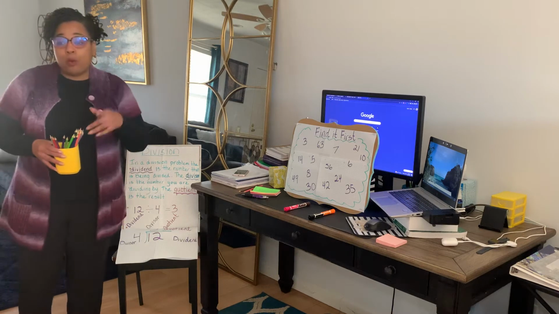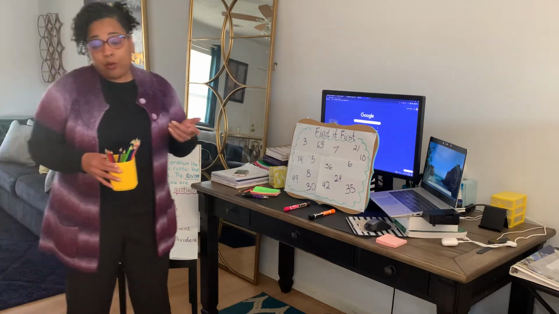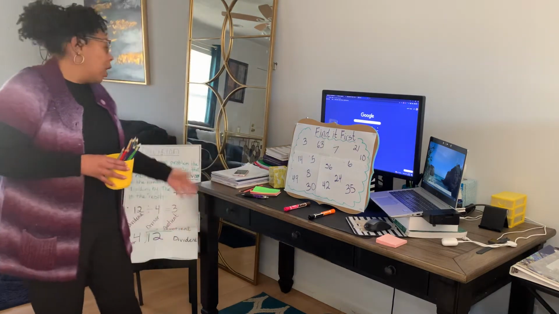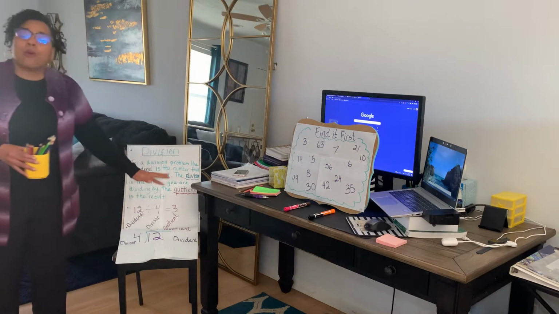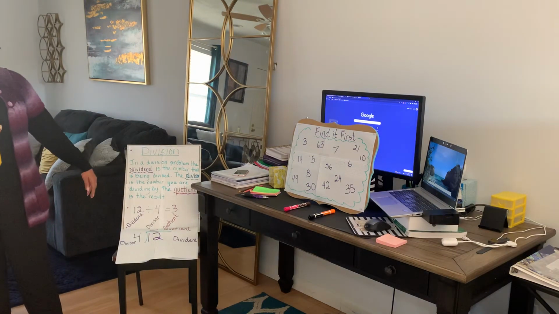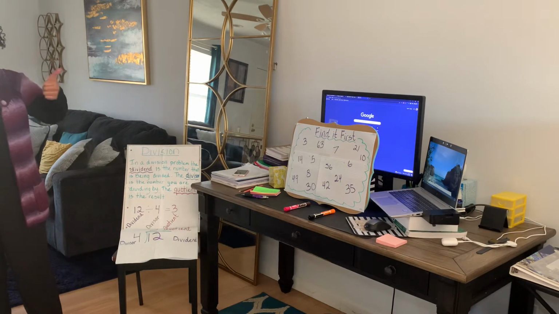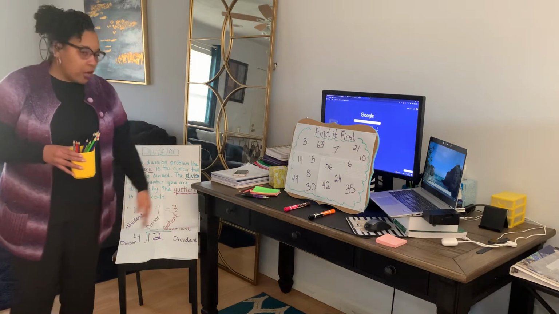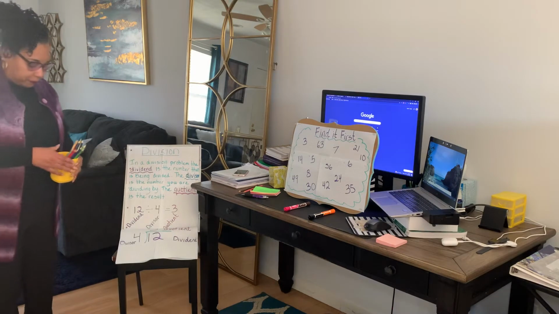Okay. And does anyone want to share why you agree? Caleb? That's exactly right. On the flip side of our chart, we had a discussion earlier to recall that a factor times a factor will give us a product. Nice job. Okay, you two can have a seat.